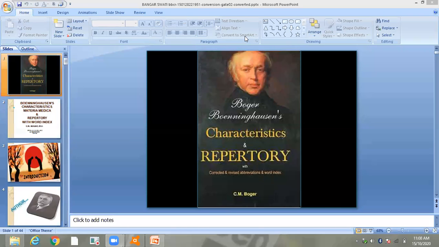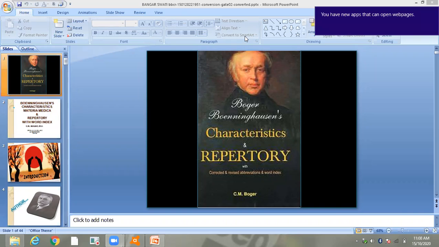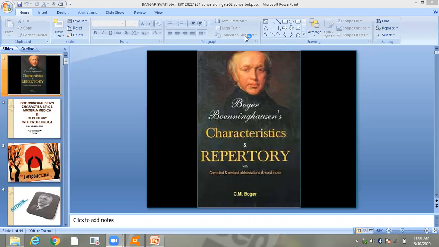Pathological generals are also found in this repertory, and they are very useful to find out the group of indicated remedies for that condition, because many times we cannot get the complete or proper history from the patient when there is advanced pathology. At that time these pathological rubrics are very helpful so that we can get the indicated group of remedies with the help of these rubrics.